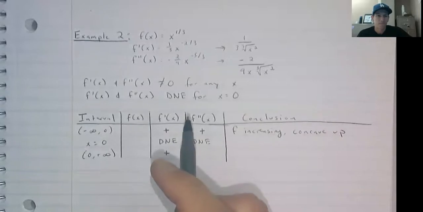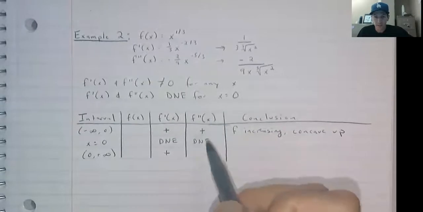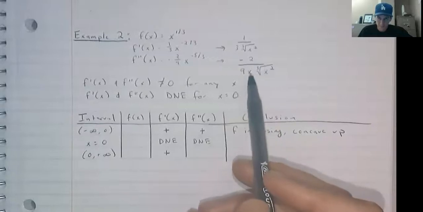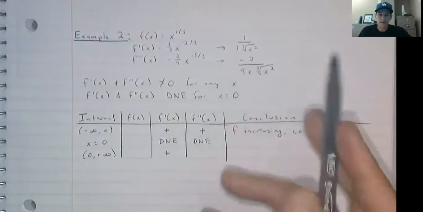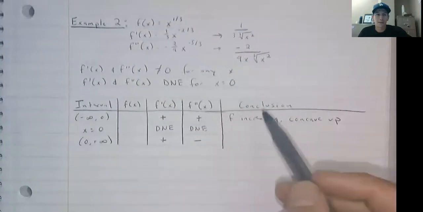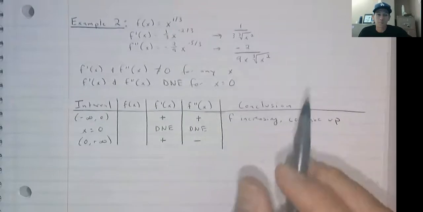Okay? So it could be just a really flat point, or more likely it's going to be a vertical tangent, is kind of my guess, but we'll see in a sec. So then the second derivative, plugging in a positive here. This is positive, and now a negative divided by this positive denominator gives us a negative second derivative. That's the magic number. This is a change in the sign of our second derivative. We've got a point of inflection.